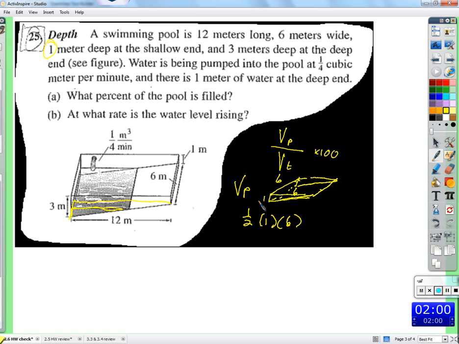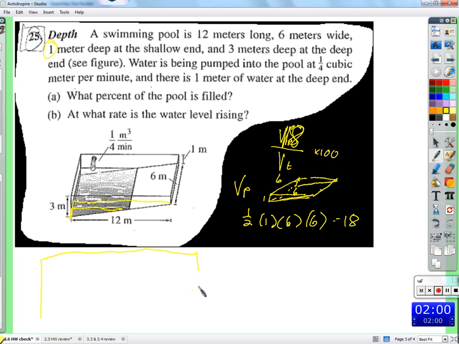Okay. Well, that's the area of the triangle, and then we'll multiply by the 6 along here. 6 times 1/2 is 3. 3 times 6 is 18. That's 18 over the total volume.